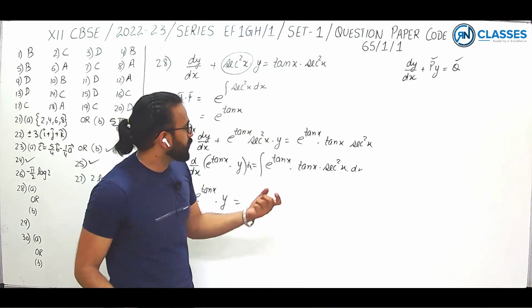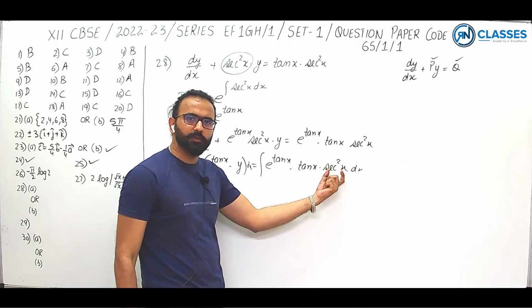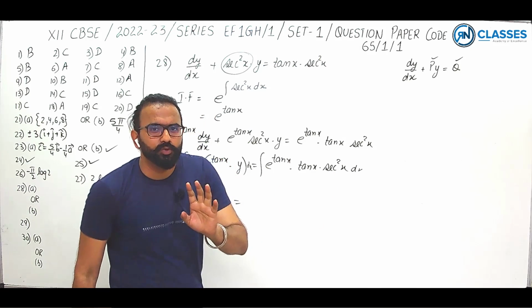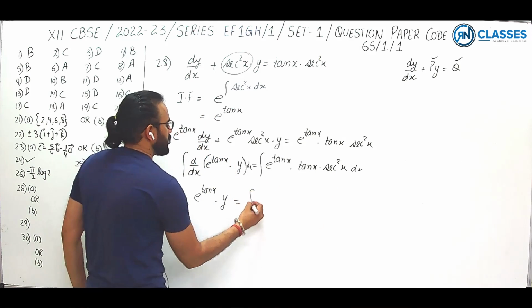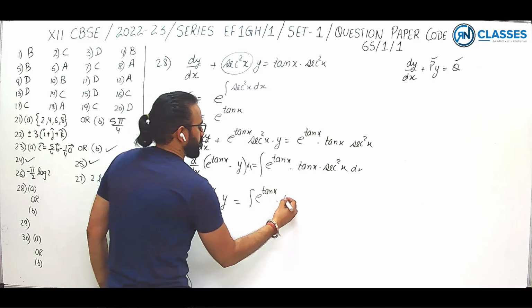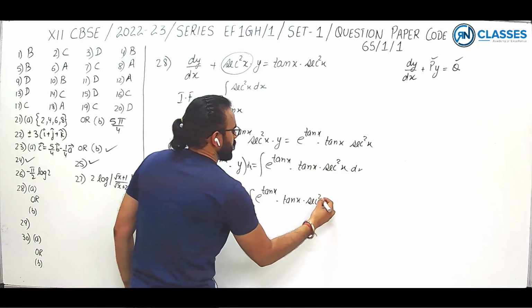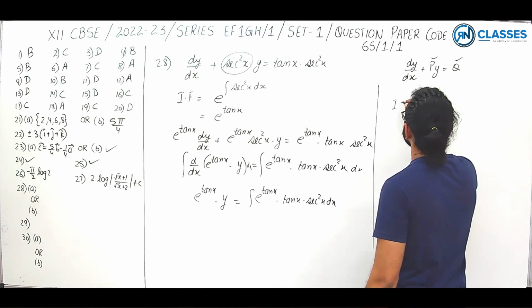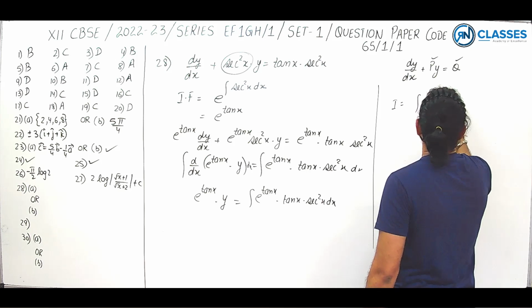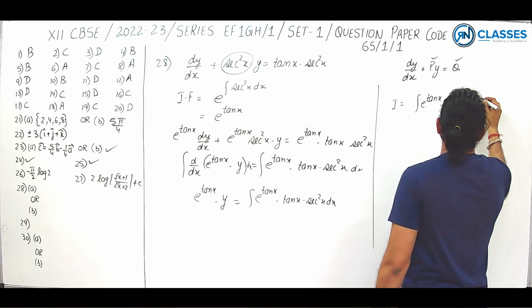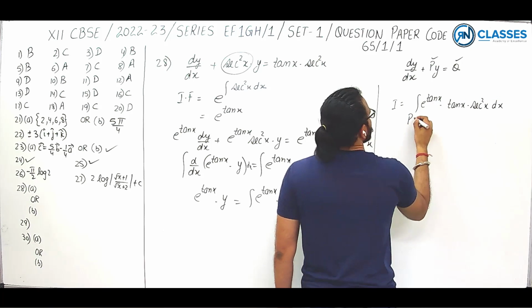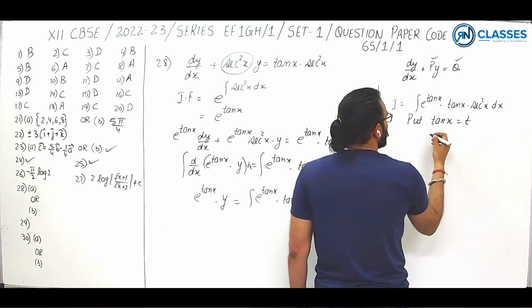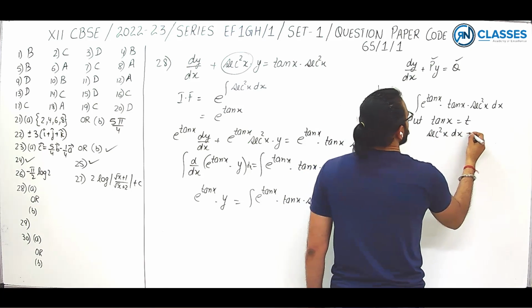Because e power tan x is there, tan x is also there, secant square x is also there. If you notice, secant square x is a derivative of tan x, so we can integrate this very easily. How? First of all we will write this, and now I will separately consider this part as I. Now I will put tan x equals t. So finally differentiating this, you will get secant square x dx equals dt.